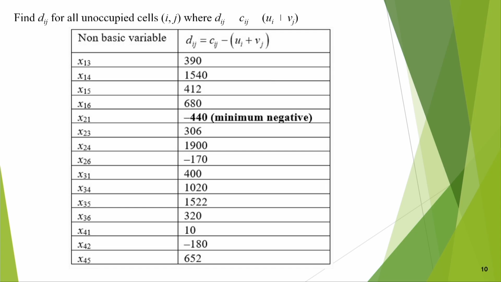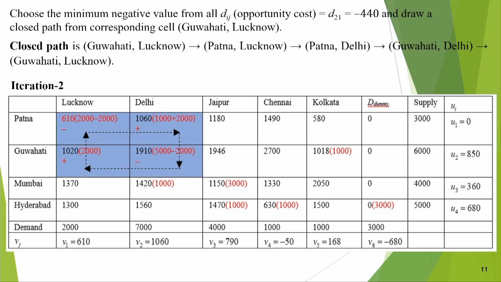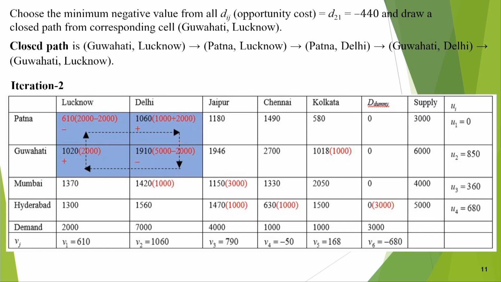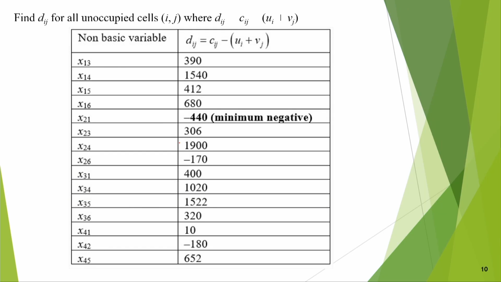And then I am getting that in some cells this value is negative, particularly in x21, second row and first column. This is the minimum negative, that is minus 440. So, we should try to give maximum there, second row and first column. So, that means here x21. Okay. So, second row, minimum negative.